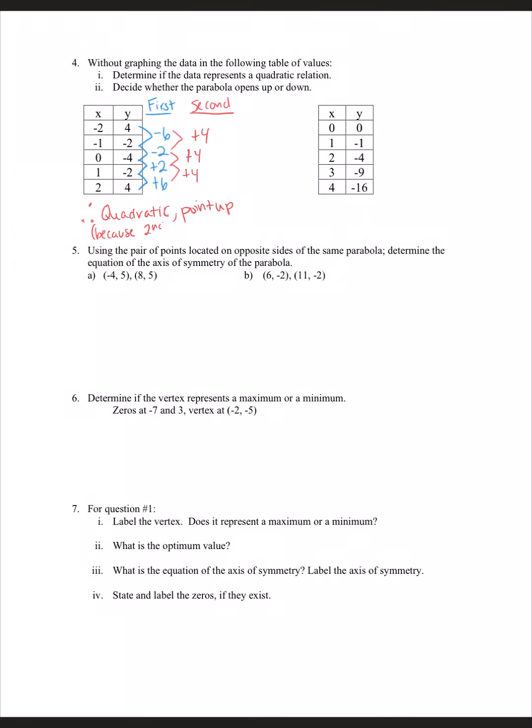Our second difference is constant at +4, which tells us it's quadratic, and it tells us it points up because it's +4. Okay, pause the video and see if you can work through that second table of values, determining if it's quadratic or not based on its finite differences, and if it's going to point up or if it's going to point down.